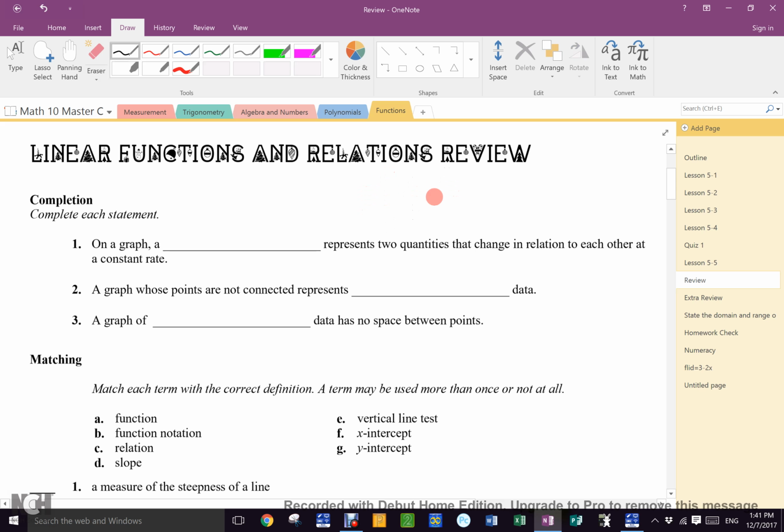Okay, and if you just say function, this is a function. Does that show me change at a constant rate? All right, so I needed to hear something about a line to get the full mark. The best mark is, of course, a straight line.